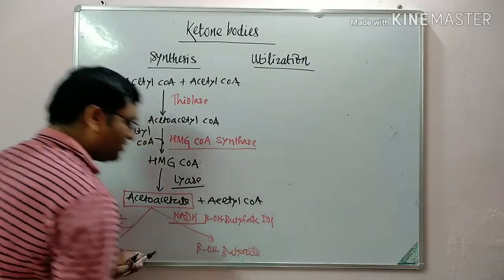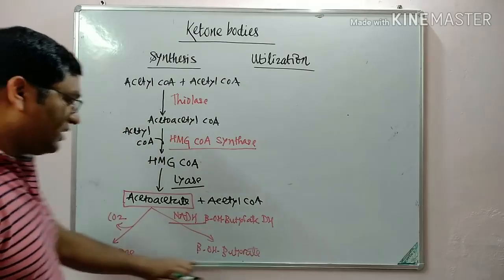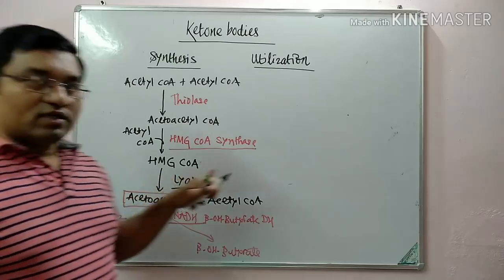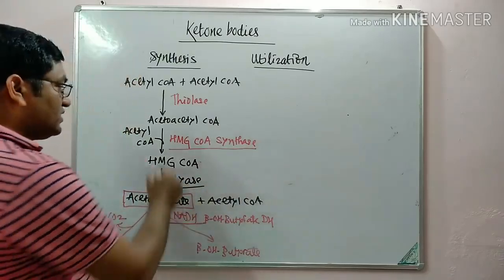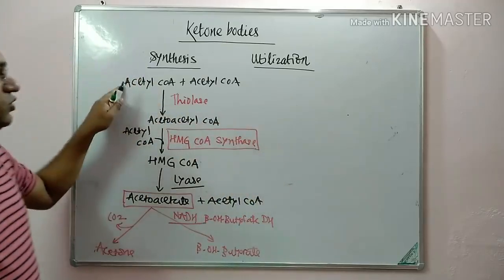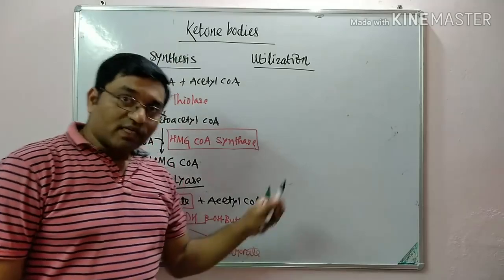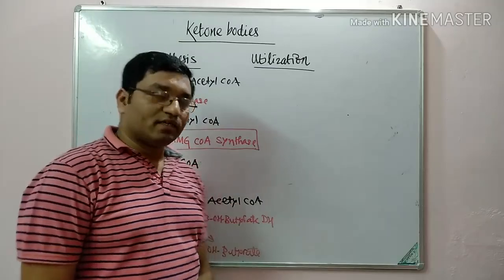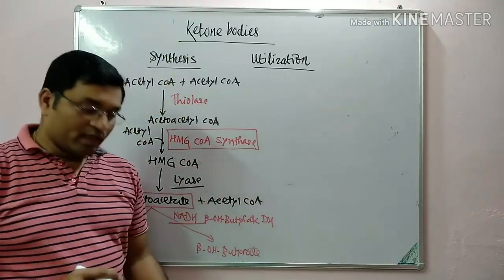So these are known as secondary ketone bodies, acetone and beta hydroxybutyrate. This is the primary ketone body. The regulatory enzyme in this step is HMG-CoA synthase. So this is ketogenesis, especially increased in uncontrolled diabetes mellitus and starvation.